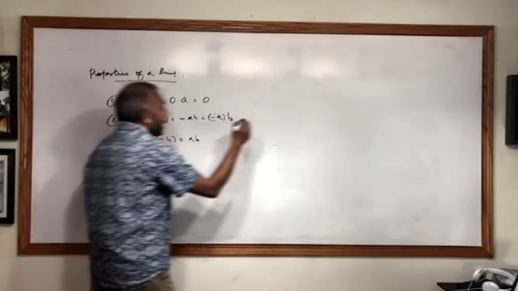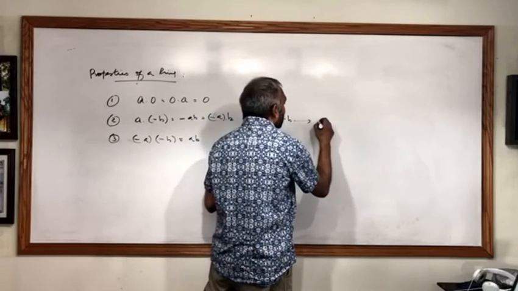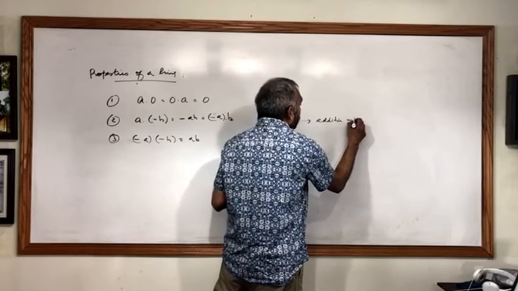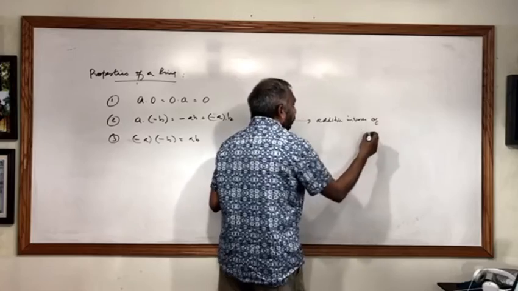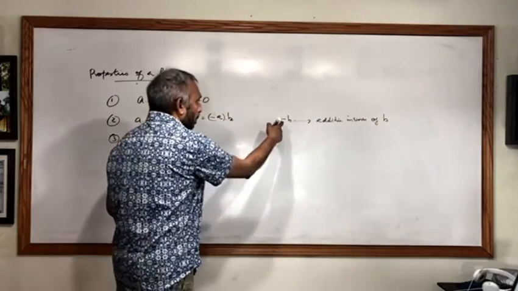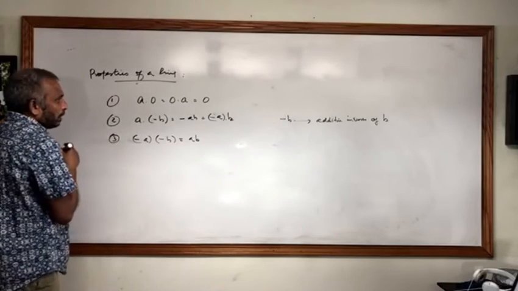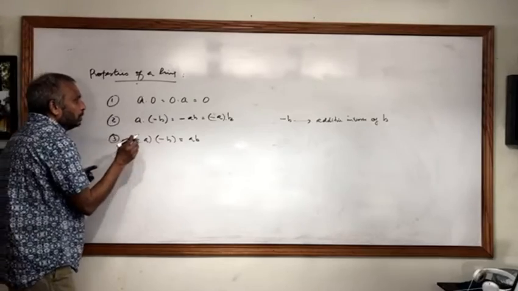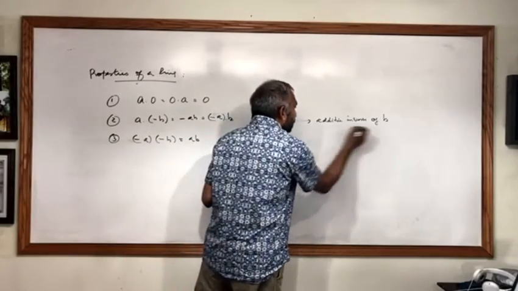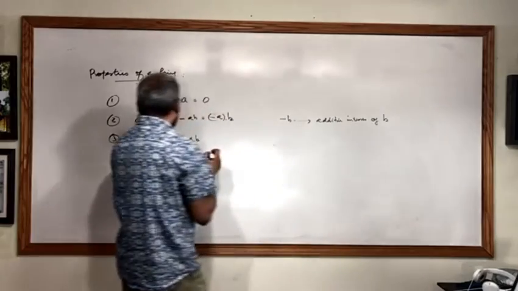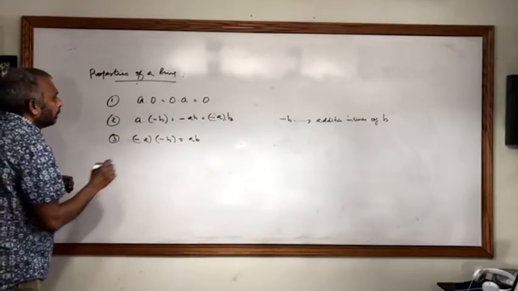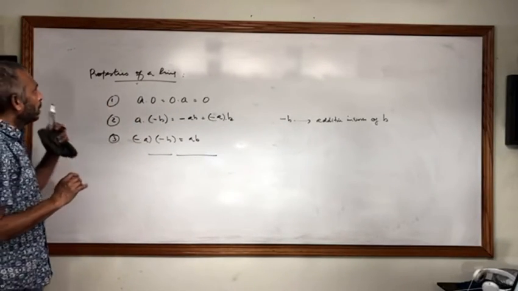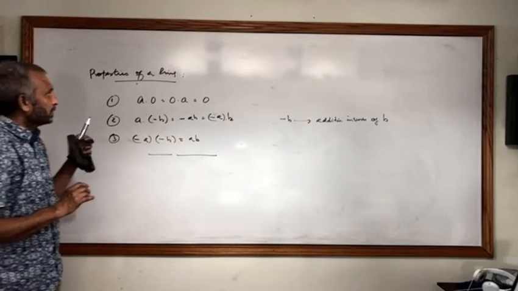Remember when I say minus B, that implies it is the additive inverse of B. That is the meaning of minus B. When we establish this result, we should only use this property of addition here. I'm going to leave this as an exercise for you to prove. All very simple, but we'll use this in our discussions later.